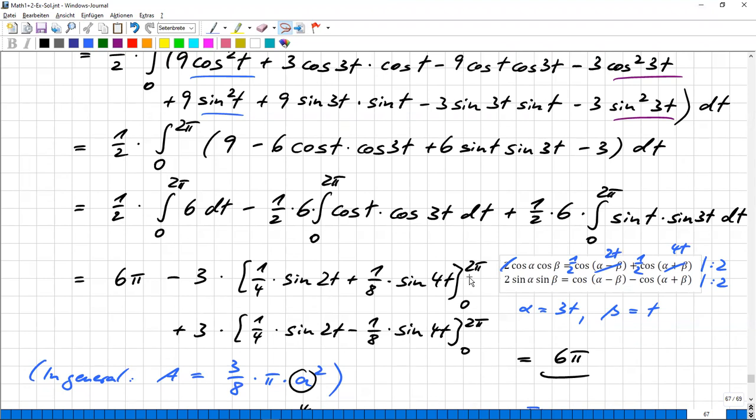So in the end, they will be 0 at 2 pi and also at 0. So everything's 0, as you could say we had supposed before. No matter how you do it, in the end you find out the contribution is 0.